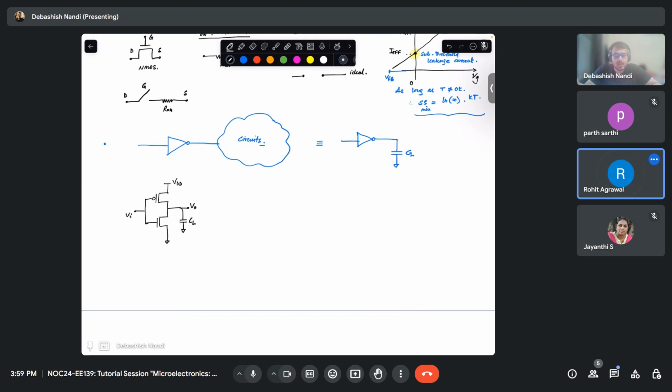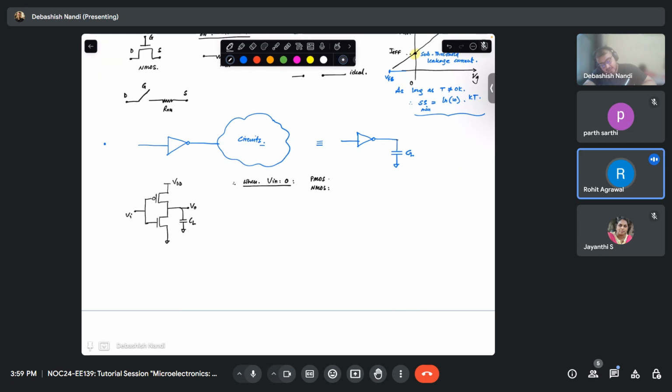Now when your V in is equal to 0, or let's say V in is transitioning from 0 to 1, let's say it is 0. What is your PMOS status and NMOS status, on or off?